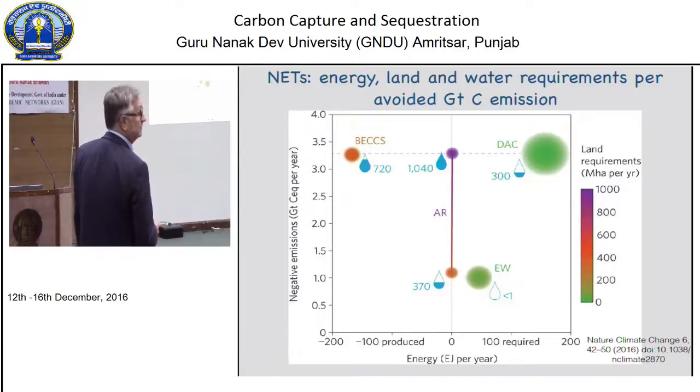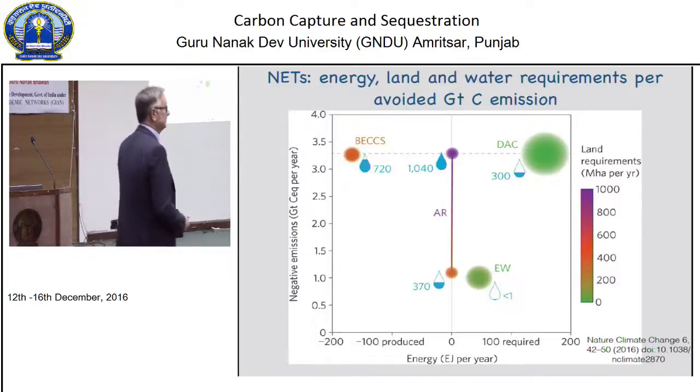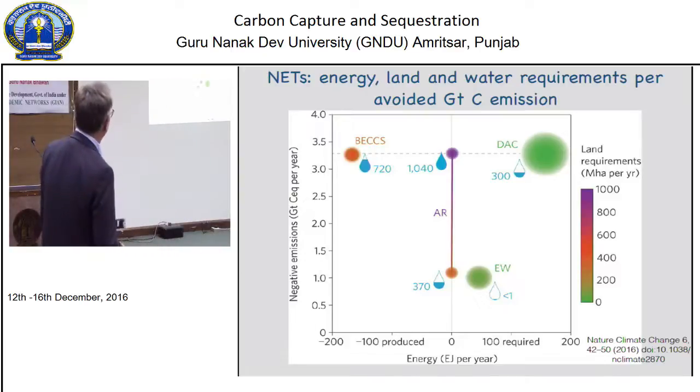But we also have a very significant impact. The water requirements for direct air capture are not so great, but the water requirements for BECS are pretty extreme. And so you can examine various technologies on graphs like this, and it allows you to sort of assess the status of the technology that you may be researching as part of your research activities.